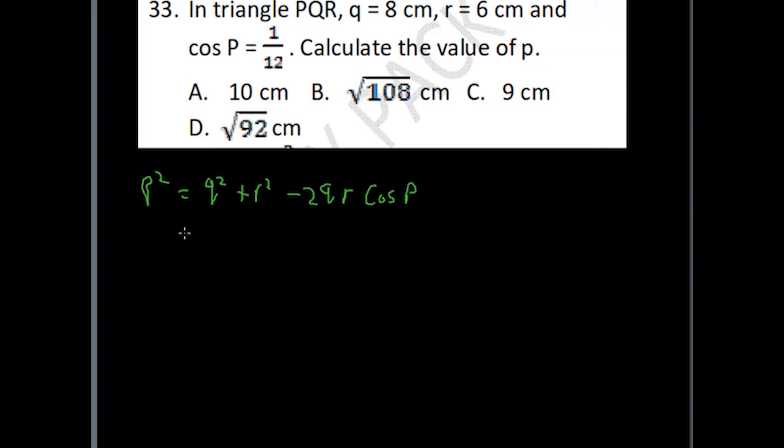So P square is Q, 8 square, plus 6 square, minus 2 times 8 times 6 times 1 over 2. So this is 64 plus 36.